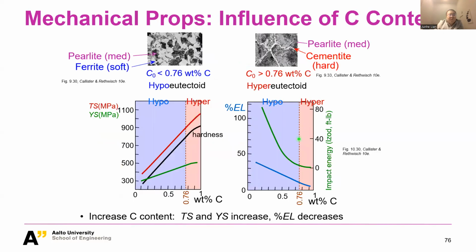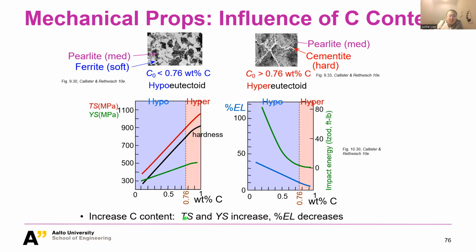Now, I'd like to give you a basic summary of mechanical properties in relation to the carbon content, also in relation to all the different phases. You know this diagram pretty well. With the increase of carbon, we have the increase of yield strength, the green, and tensile strength, the red, and also the hardness, the black one.